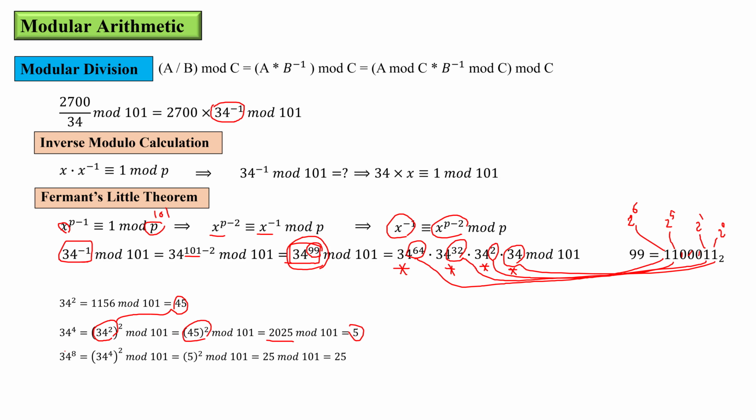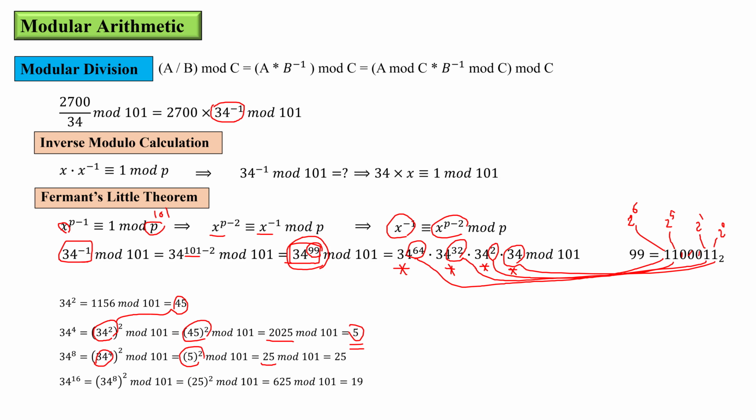So 34 to the power of 8 equals 34 to the power of 4 and then to the power of 2, and 34 to the power of 4 from the previous step equals 5. So 5 to the power of 2 equals 25, mod 101 equals 25.